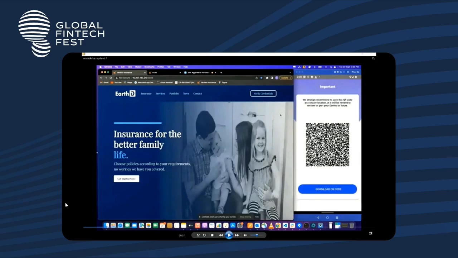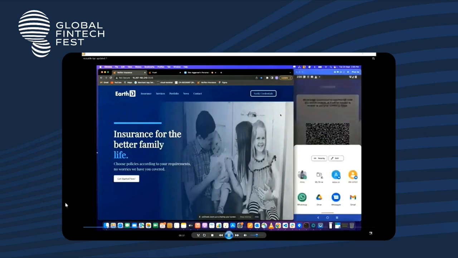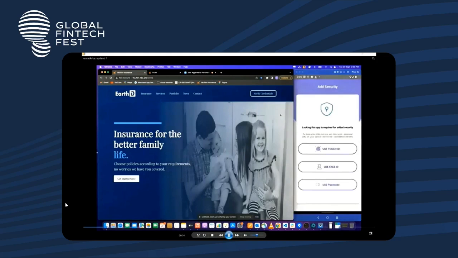As you can see, the EarthID of the user is generated and they can download a QR code as a backup, which can be used for porting or recovering their EarthID in the future. Now the user can set the security of the app using Touch ID, Face ID, or passcode.